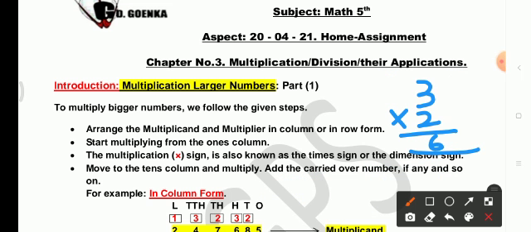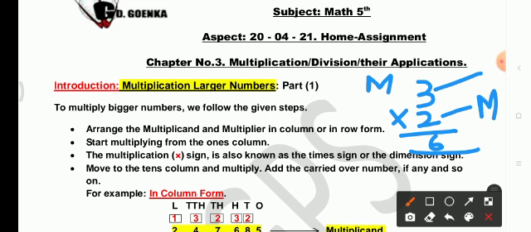Students, the number that is multiplied by another number is called the multiplicand. So 3 is here the multiplicand. And the number by which another number is multiplied is called the multiplier.